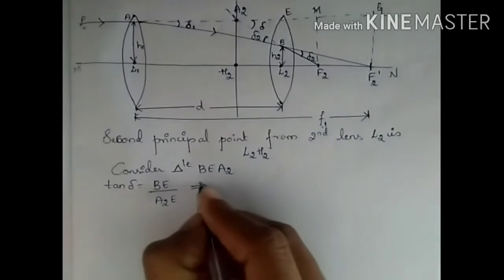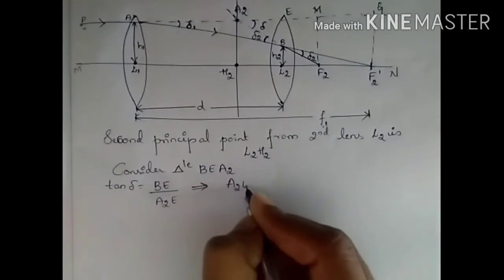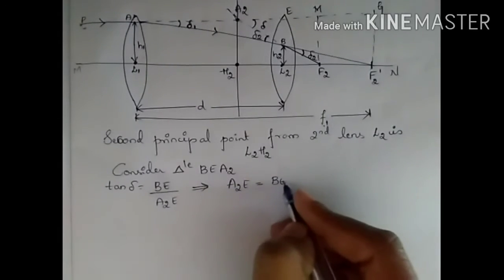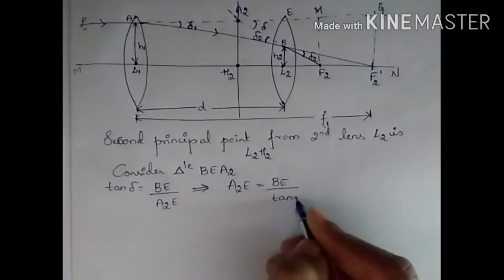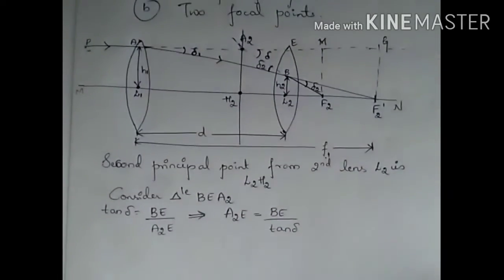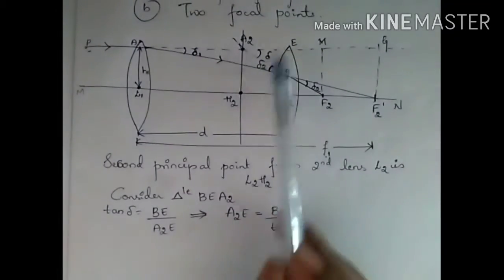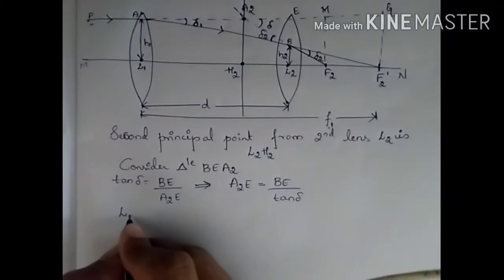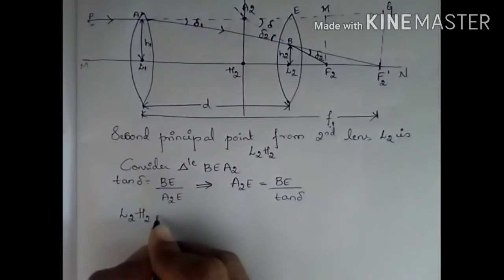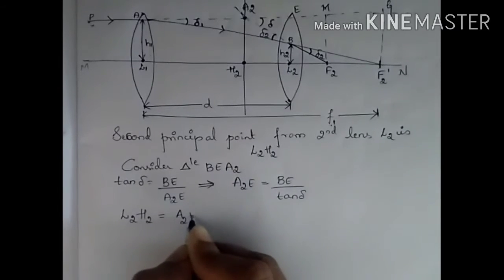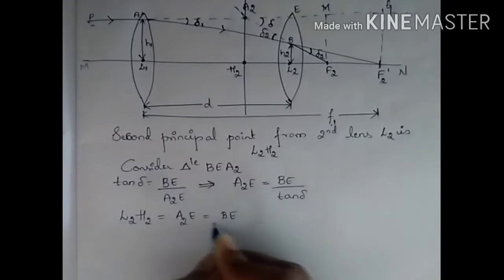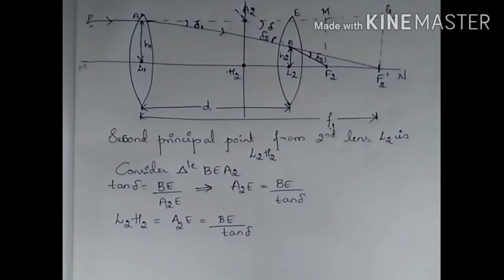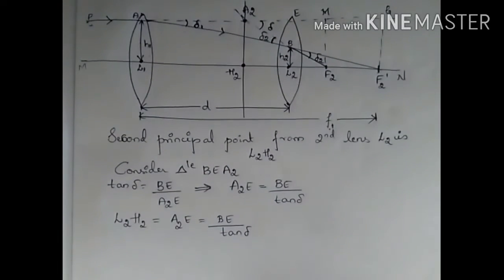From this you can write A2E is equal to what? BE divided by tan delta. But from the figure you know AE is equal to L2H2. So L2H2 is equal to A2E, which is equal to BE by tan delta. So this you got from the diagram.